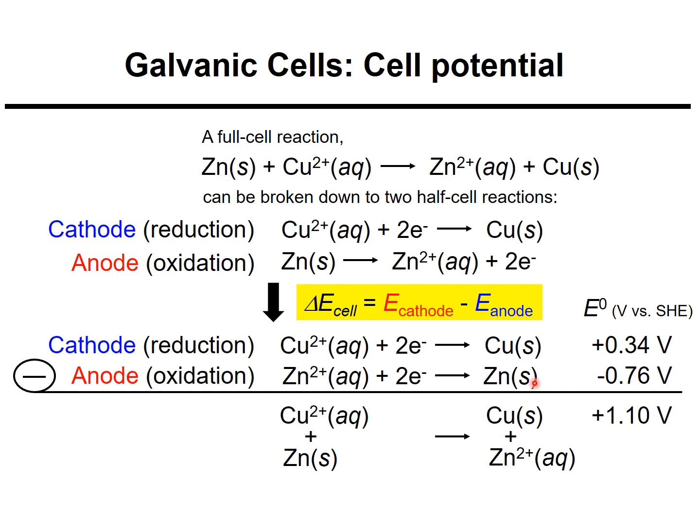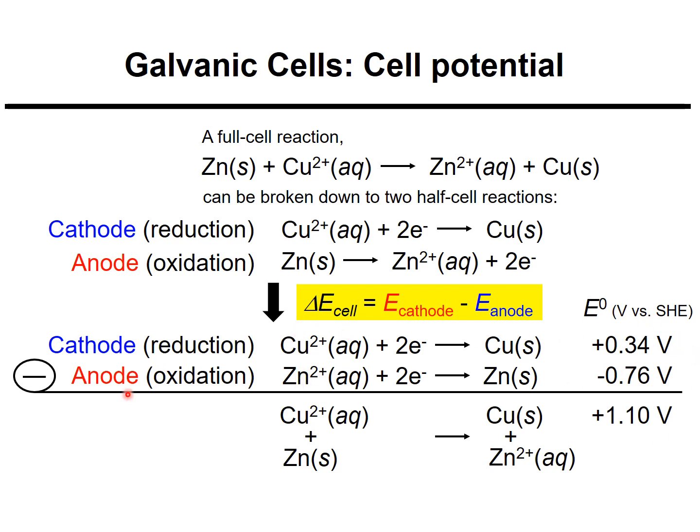Okay, then I'd like to get the difference between those two reduction potentials. So this one minus this one; I have put the minus sign in front of the oxidation reaction, right? So I will subtract this one from this one.